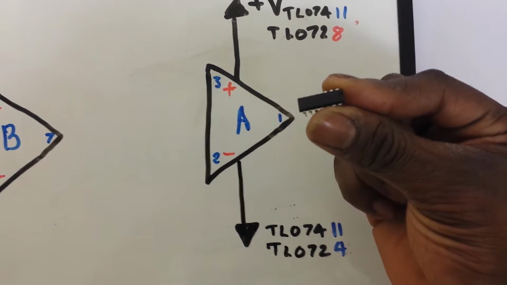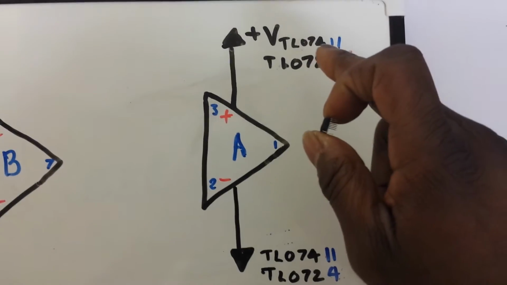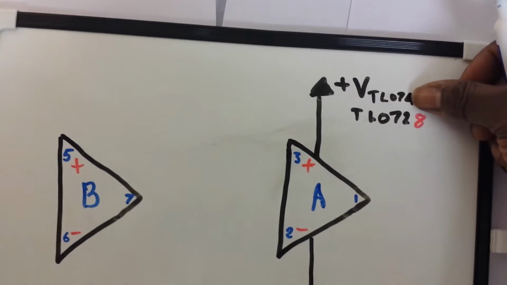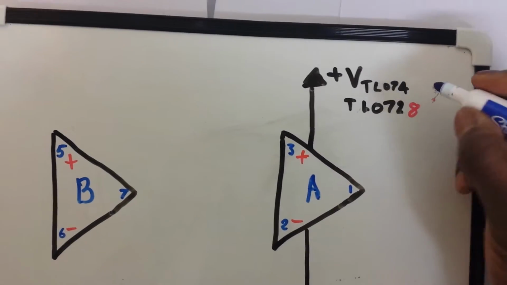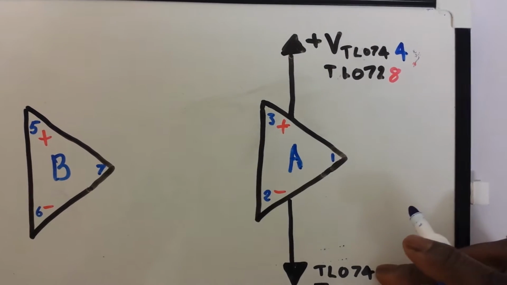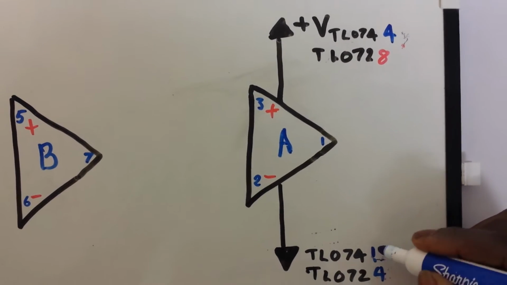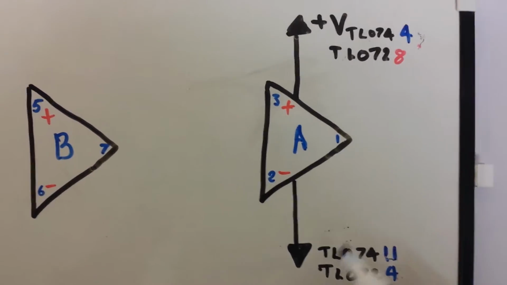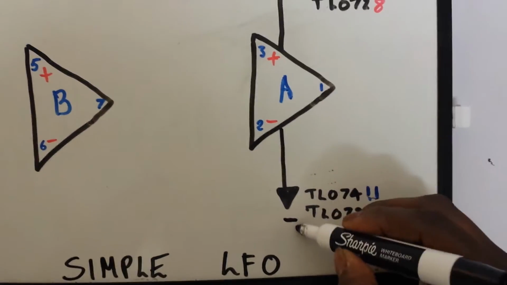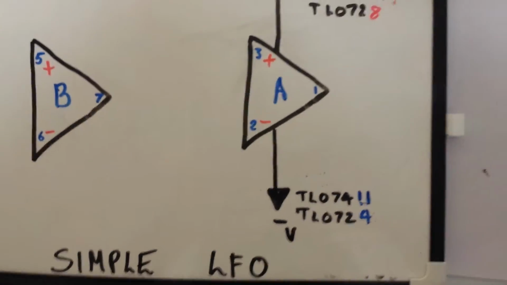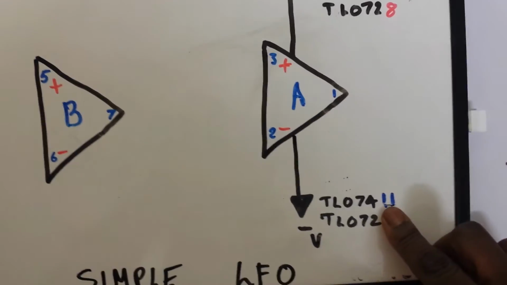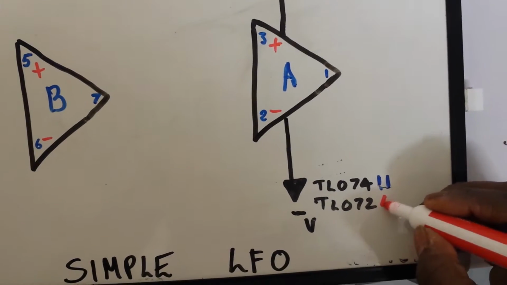If you're using the quad op amp, the TL074 for instance, let me just correct that, it should be pin 4 to the plus voltage, and pin 11 to the minus voltage. So just have a look at that. Let me just clear that up for simplicity purposes.